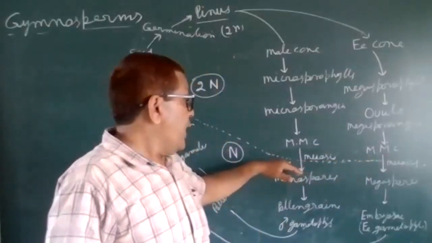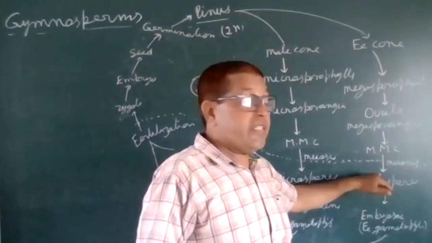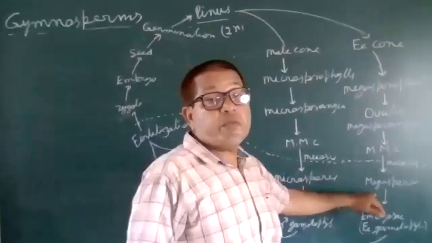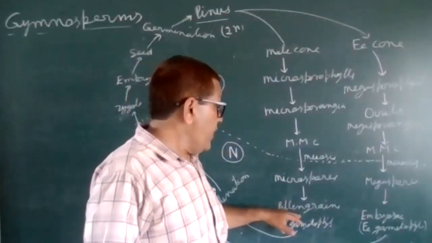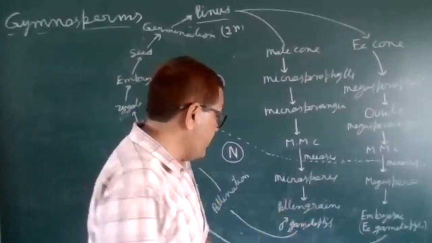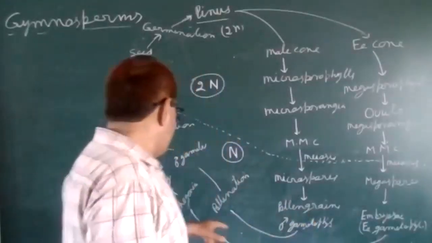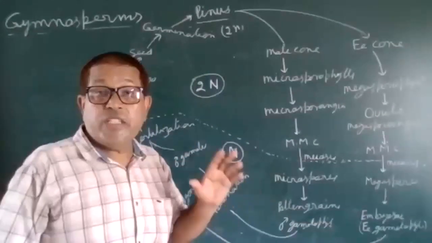Both undergo meiosis cell division. After that, microspores and megaspores are produced. And microspores are the pollen grains, and these pollen grains are transferred to the female reproductive part by the process of pollination.